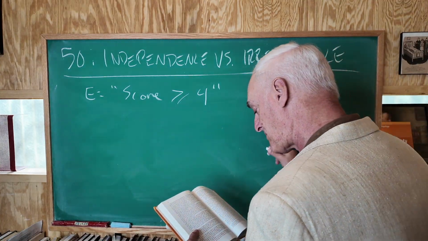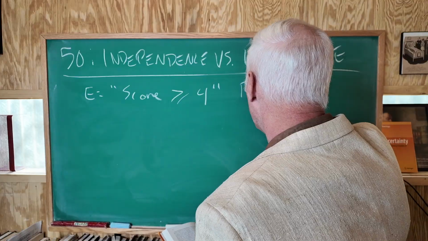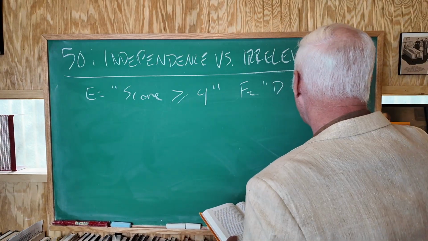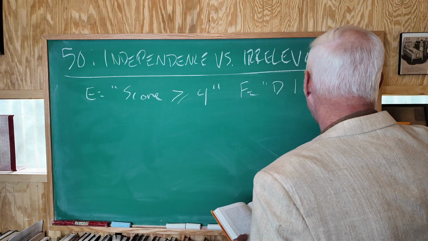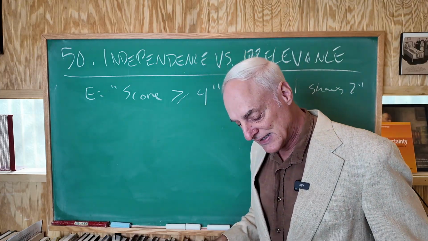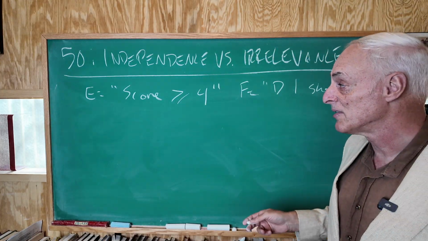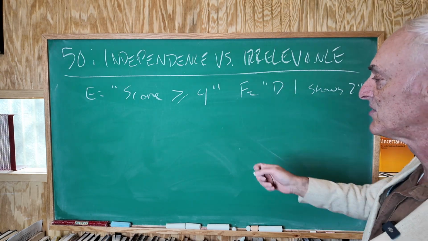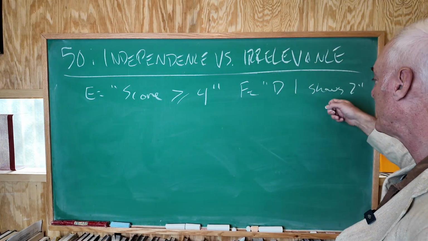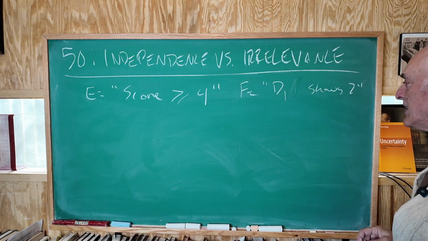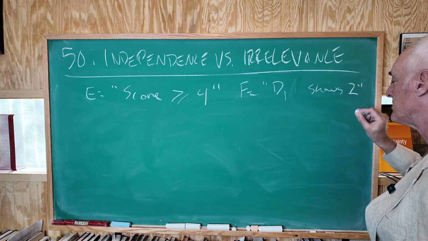Now, here's our F: Device 1 shows a 2. Alrighty, that's our information. We have the score on this game, whatever it is, greater or equal to 4, and we have device 1, shows a 2.